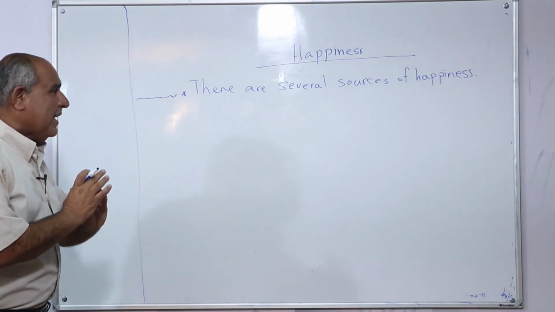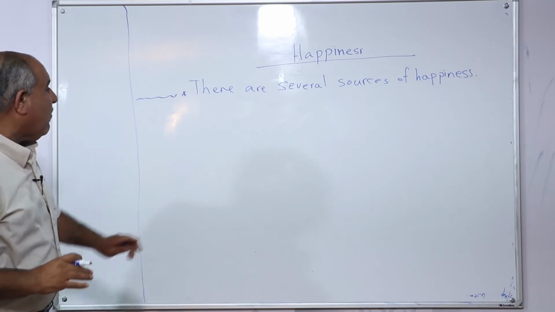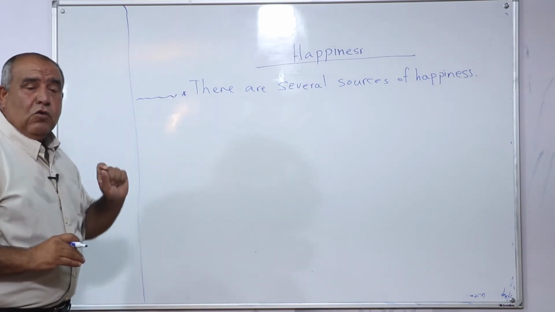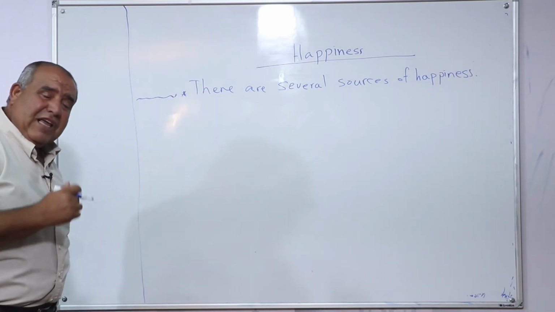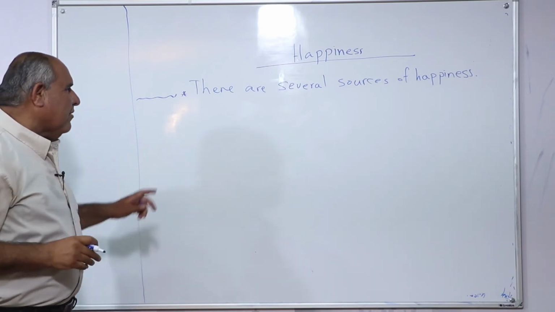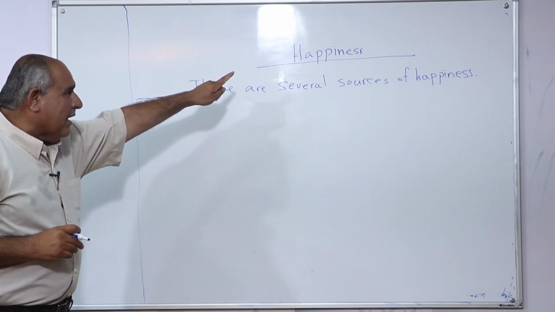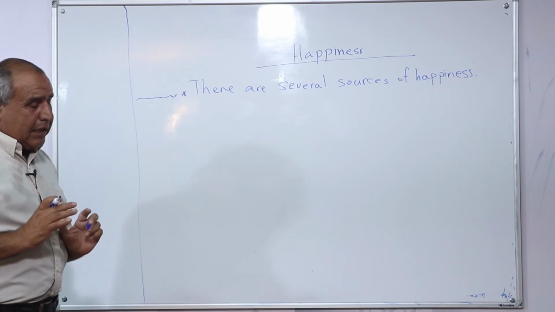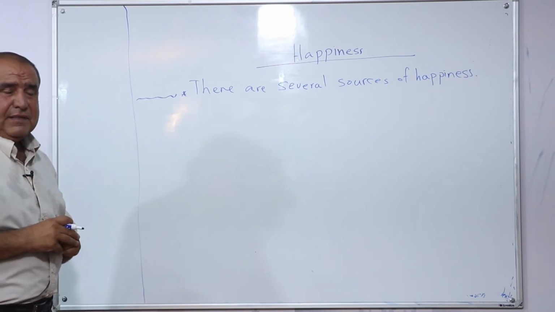So the main idea is written, and you can find it in the first line, which is called the topic sentence. After that, any person who sees the title would know that the topic we are talking about is happiness.